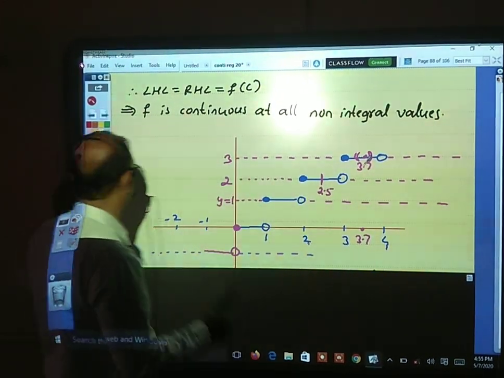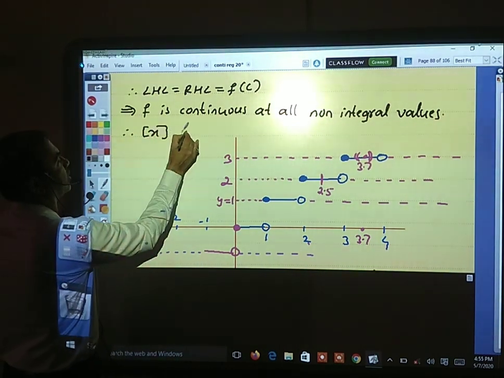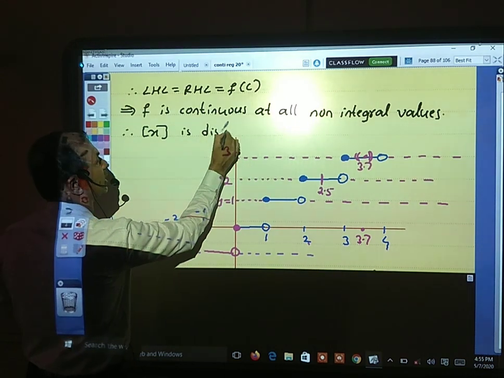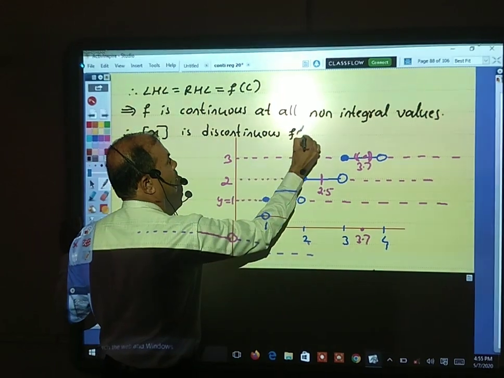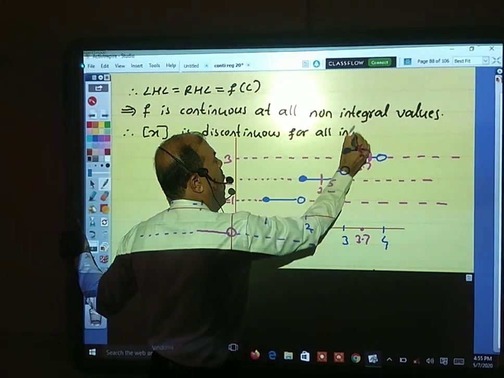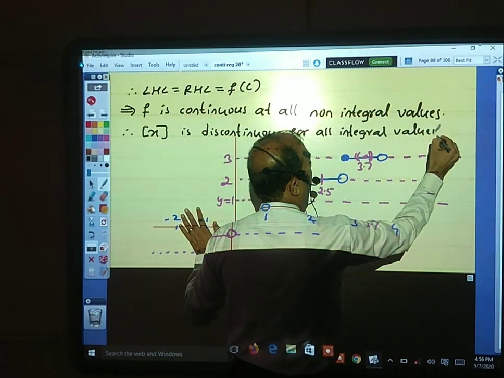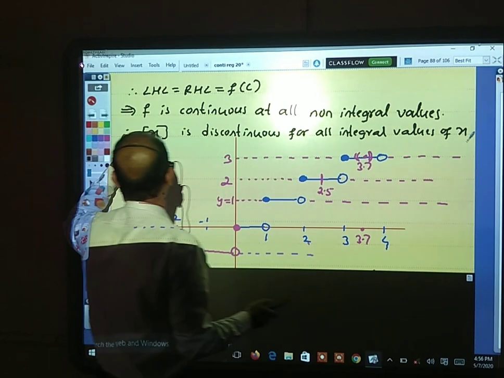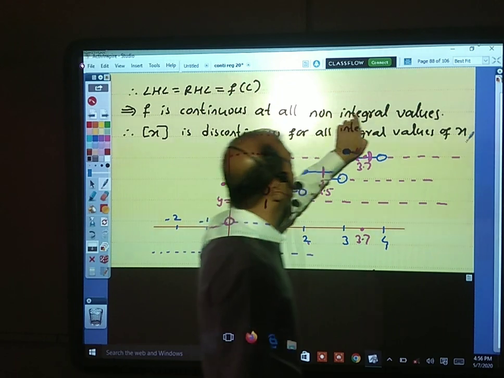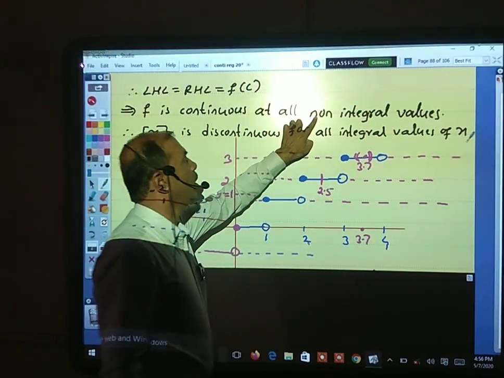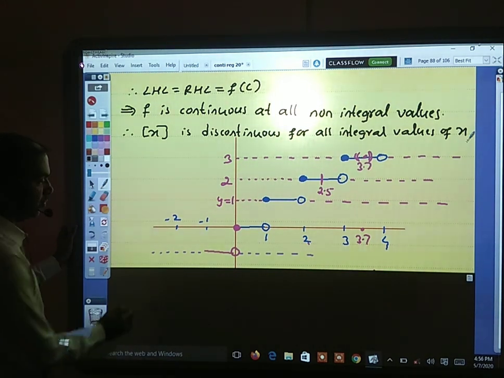So the greatest integer function, therefore this greatest integer of x is discontinuous for all integral values of x, and it is continuous at all non-integral values.